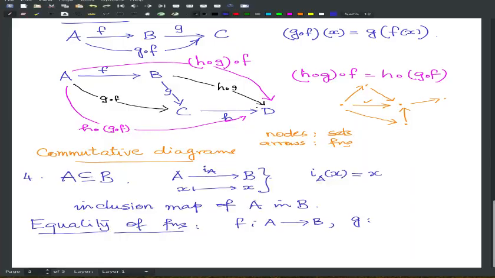So if we have two functions, as we know f and g are sets, so they should be equal as sets.